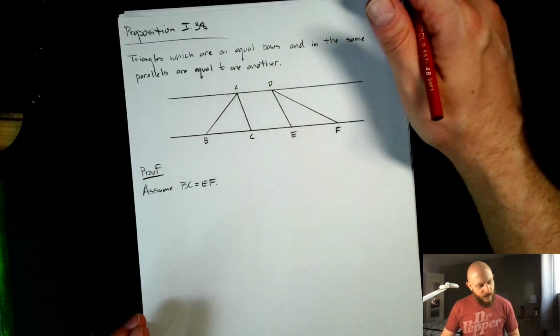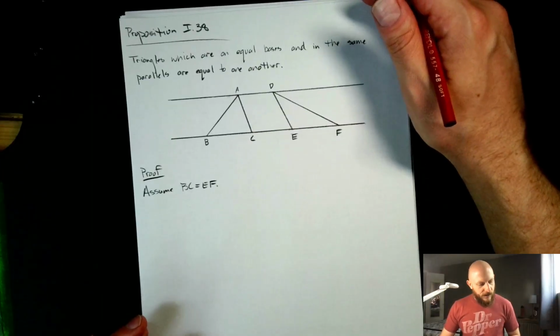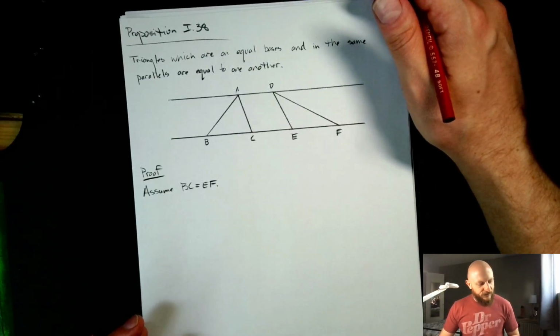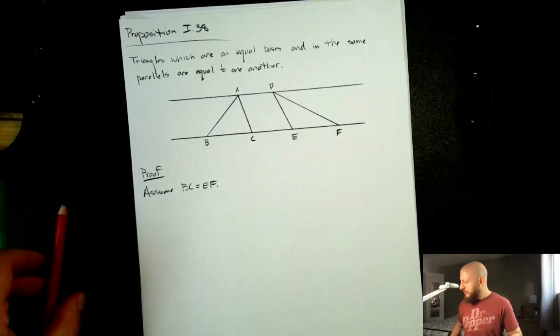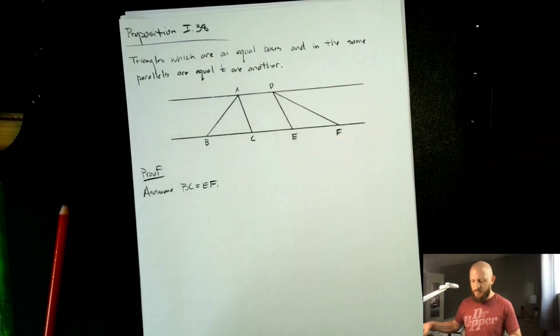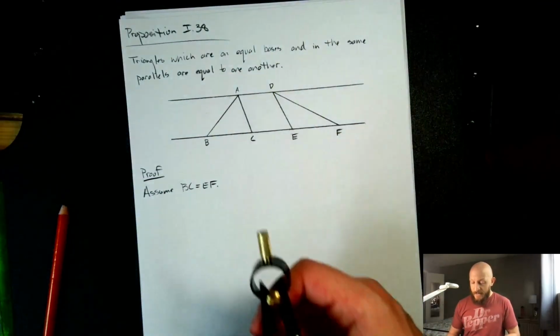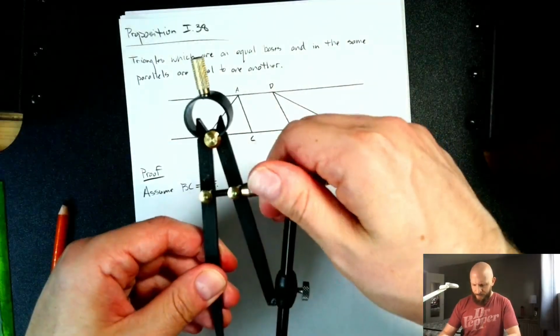All right. How do we do that? Well, kind of a similar tactic to what we did in 37. We're going to try to change this into a problem involving parallelograms and then work down from there.